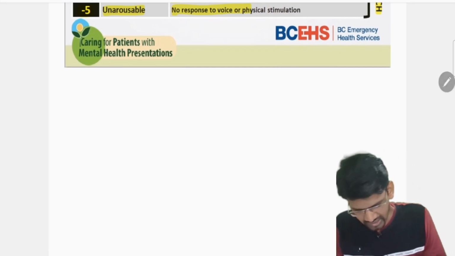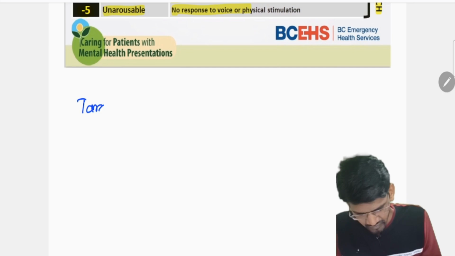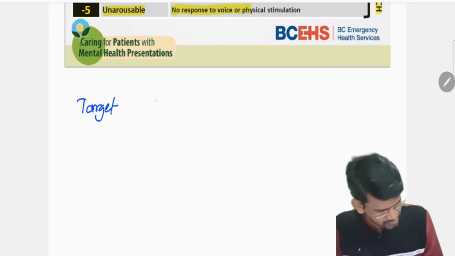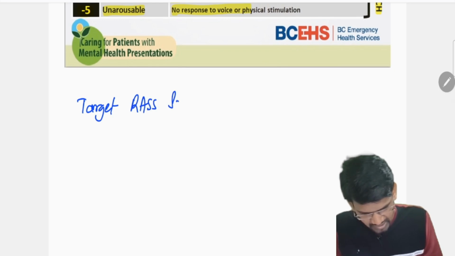So what is the target RASS in ICU patients?